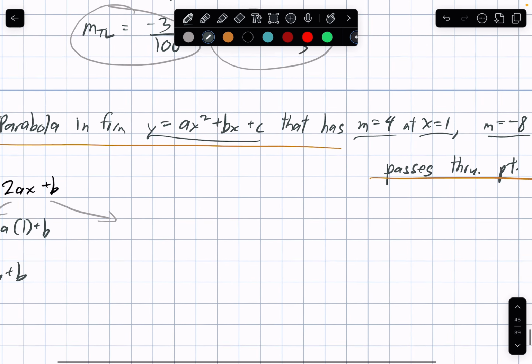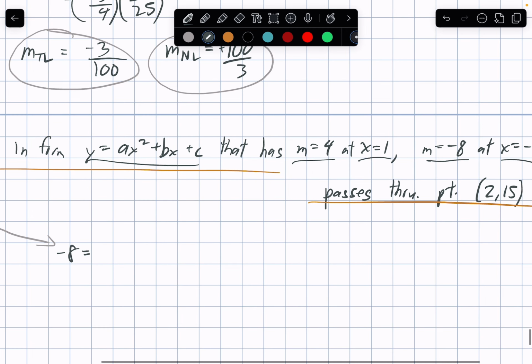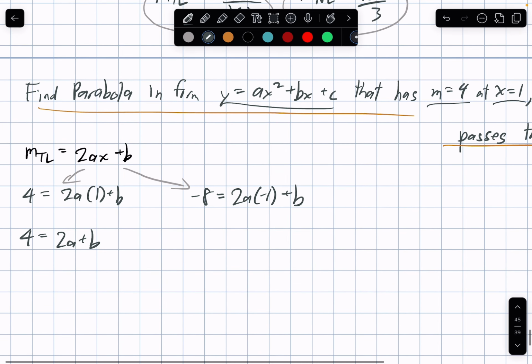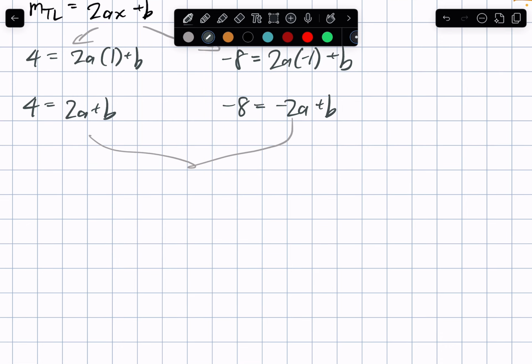Using the other given, negative 8 is equal to m. 2a times negative 1 plus b. Negative 8 is equal to negative 2a plus b. Systems of linear equations to identify a and b.